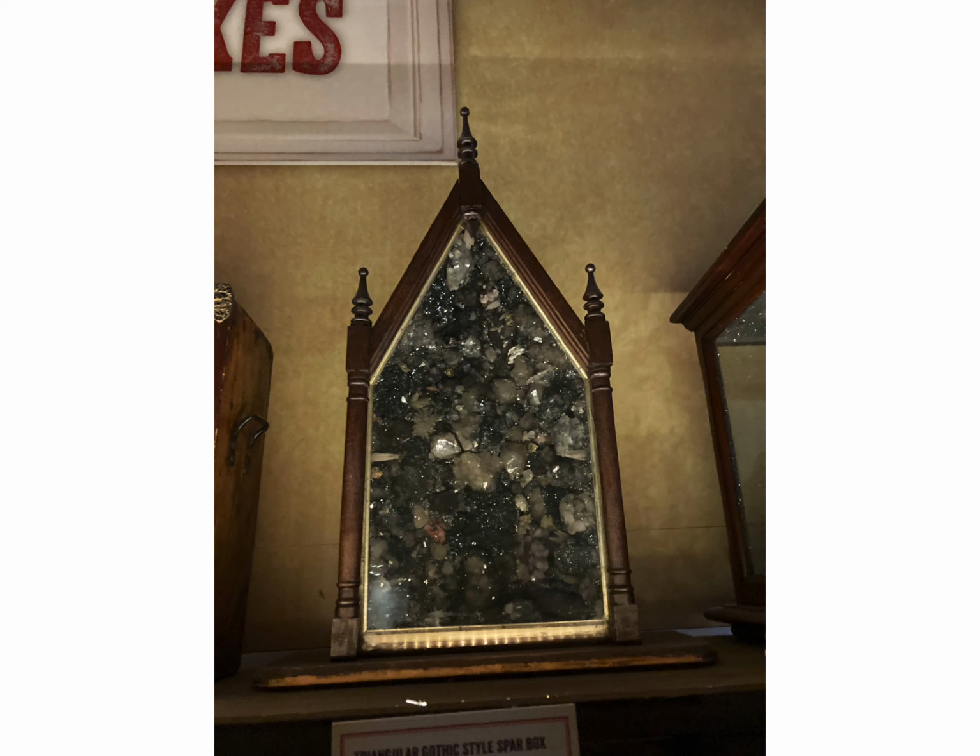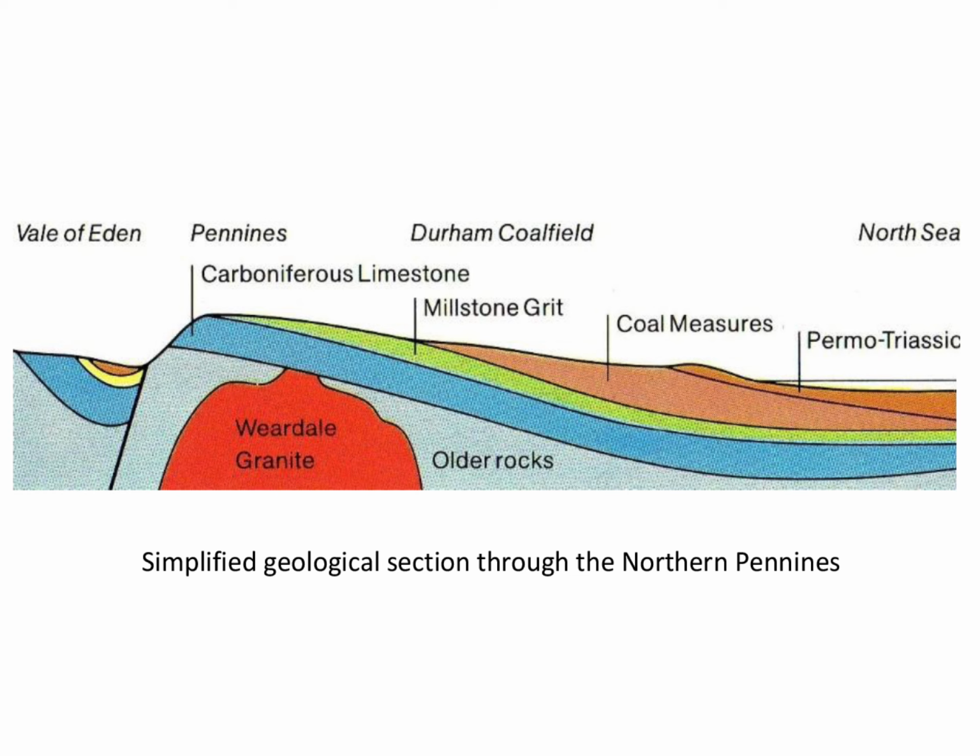For now, I want to briefly outline the geology of the Northern Pennines and how it informs the practice of lead mining. The underlying geology of the Northern Pennine region is comprised of a series of thin beds of limestone, shales and sandstones.